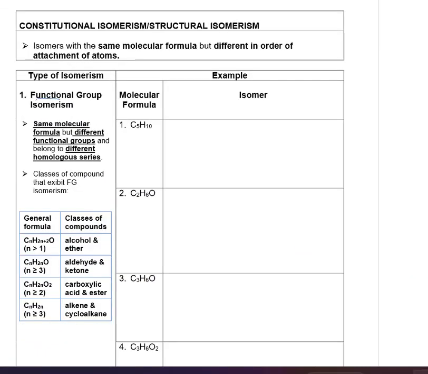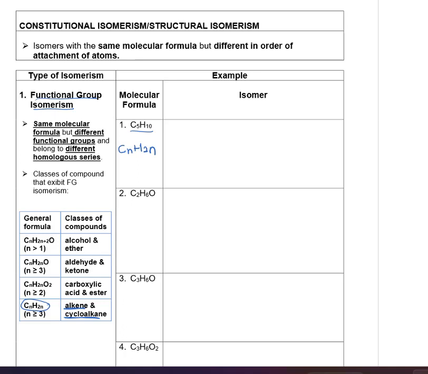Functional group isomerism: same molecular formula, but I can draw two different structural formulas with different functional groups. For this one, C5H10, the general molecular formula is CnH2n. For CnH2n, you can draw an alkene and you can draw a cycloalkane.